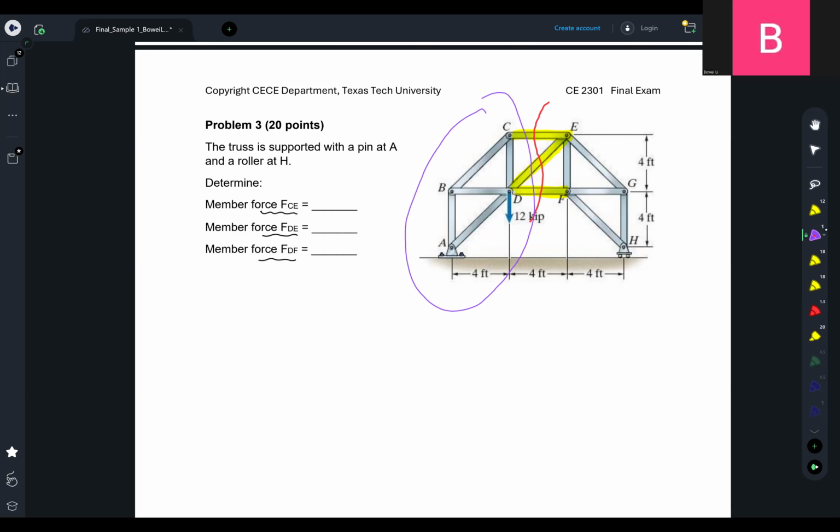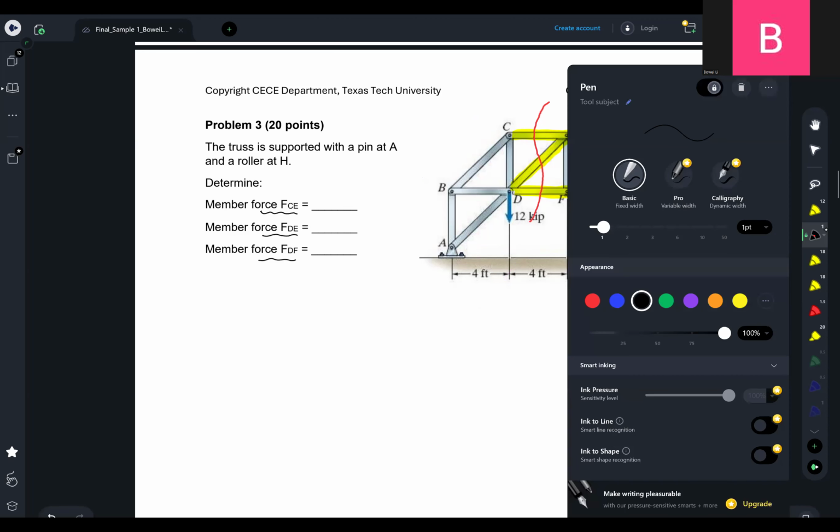It is not always the case, but for most problems, and for this problem, we first have to solve the unknown reaction forces, and then follow the steps of the method of sections to solve for the unknown forces of the three members here.